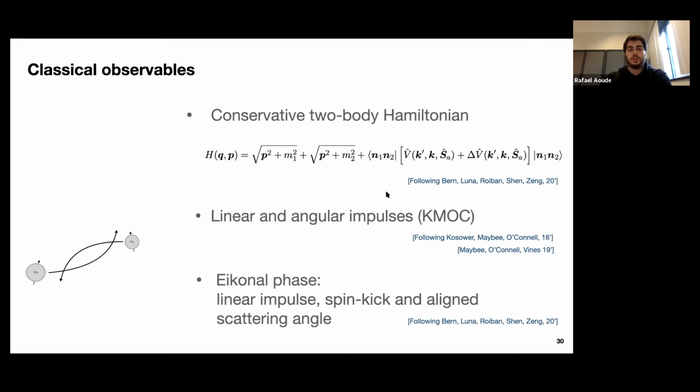We obtain the two-body Hamiltonian following the papers by Bern, Luna, Roiban, Shen, and Zeng. We also obtained the linear and the angular impulse following KMOC. And from the amplitude, we also calculated the eikonal phase. Another way to calculate the classical observables is from the eikonal phase, and then we obtain the linear impulse, the spin kick, and the aligned scattering angle following the same paper.